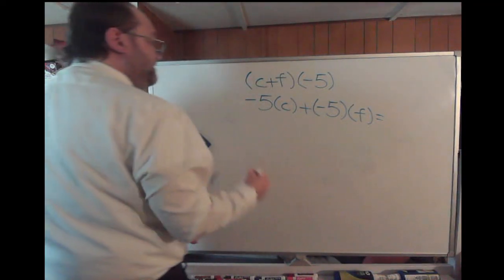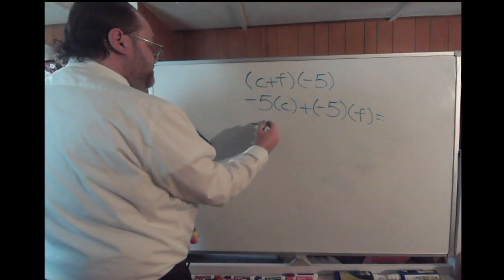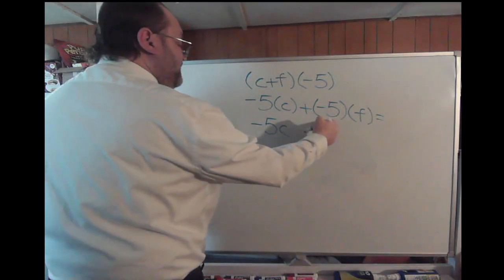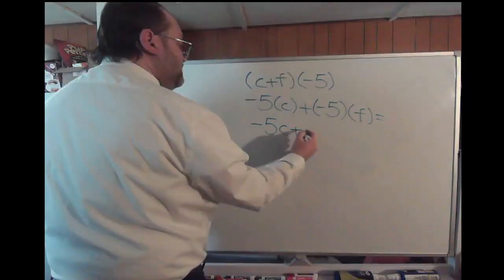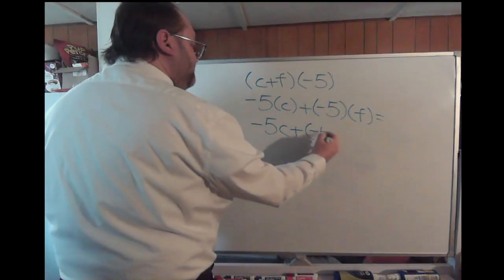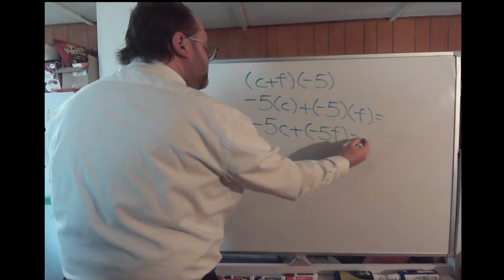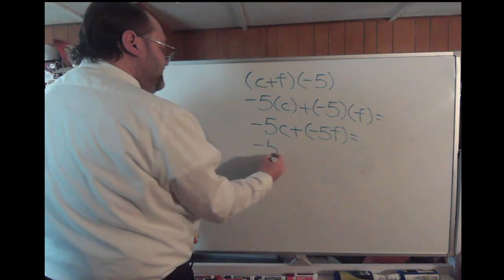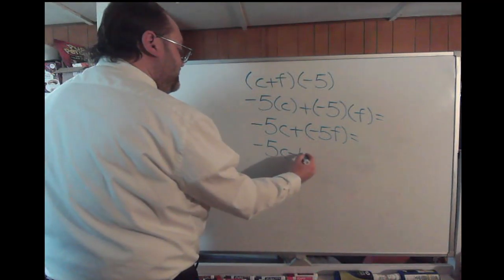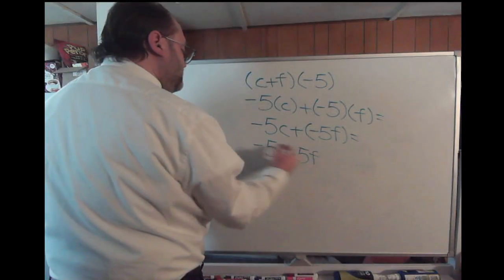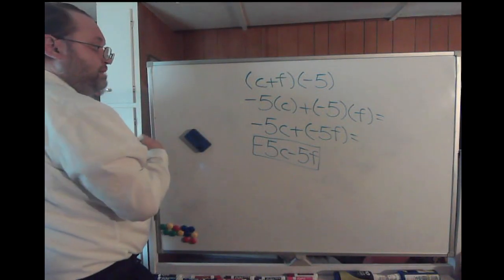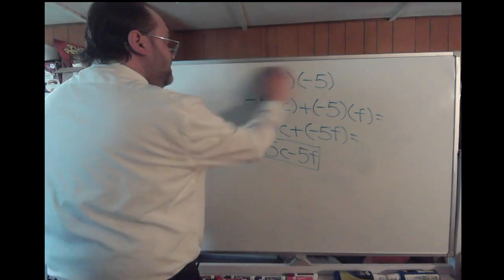So when you simplify this, negative 5 times c, that's just negative 5c, plus negative 5 times f, well, that's just negative 5f. So we could simplify this further because plus minus is just minus. You'll just get negative 5c minus 5f. That would be your answer for this distributive property expression.